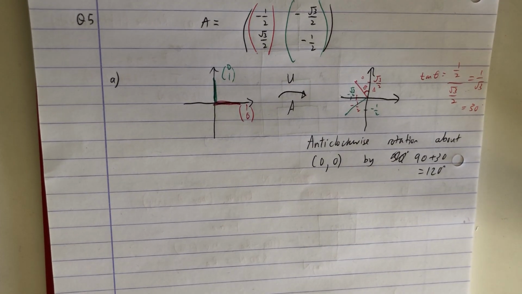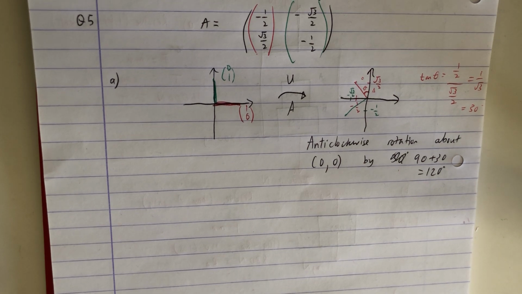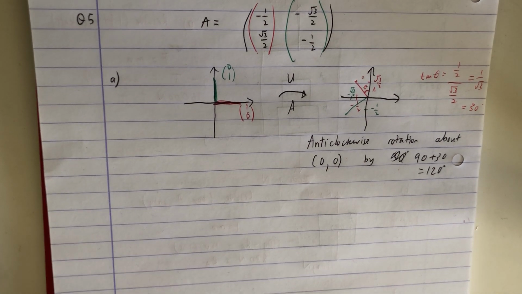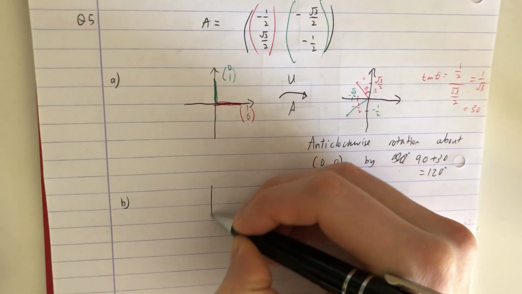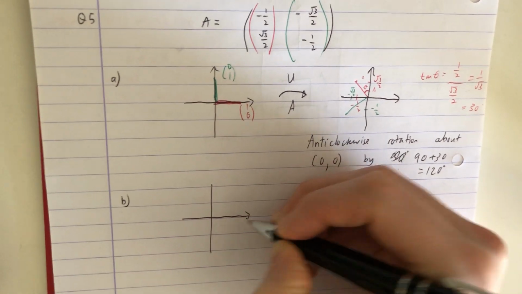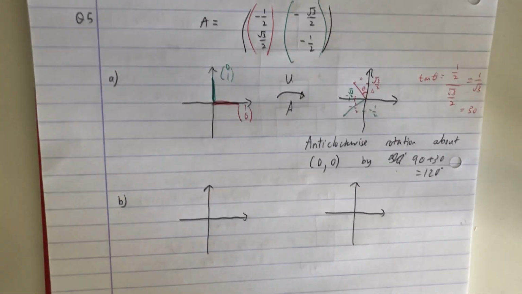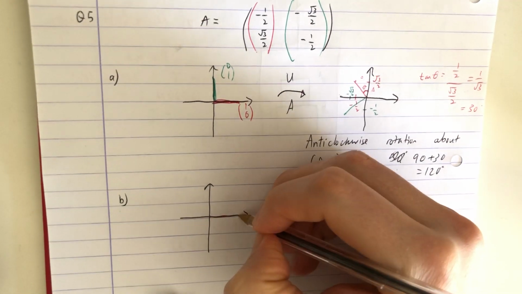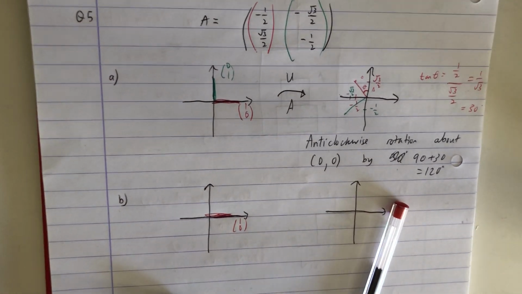Part B, the transformation V represented by the 2 by 2 matrix B is a reflection in the line y is equal to negative x, write down the matrix B. So again, if you consider the basis, which would be 1, 0 and 0, 1.